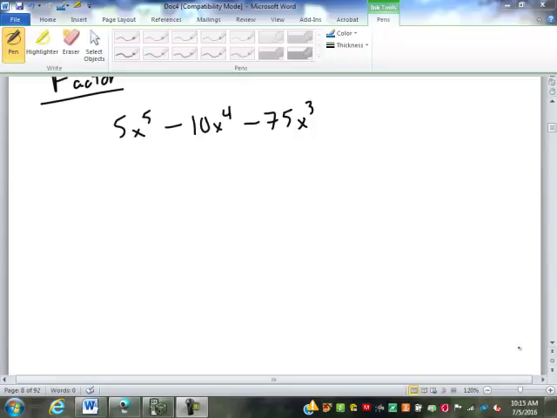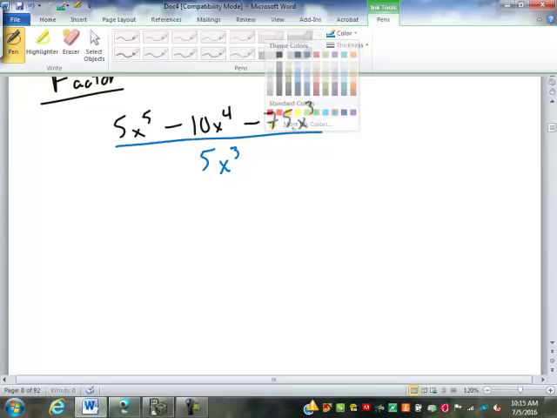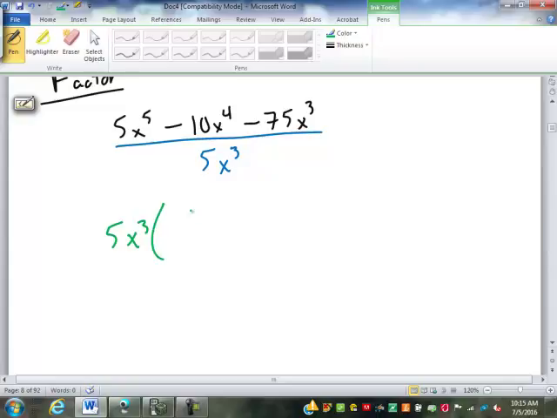Okay, so what's our first step here? Greatest common factor, which is 5x to the third. Good. So when we divide by 5x to the third, what's left over?